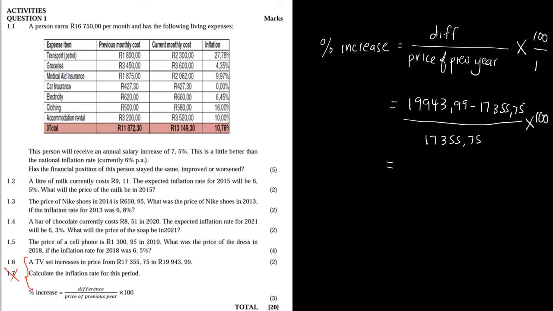So when we put this in the calculator, we should get a percentage amount, because remember it's percentage increase or decrease. In this case, percentage increase, which is 14.91%.